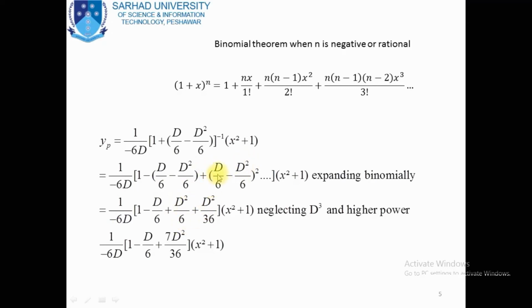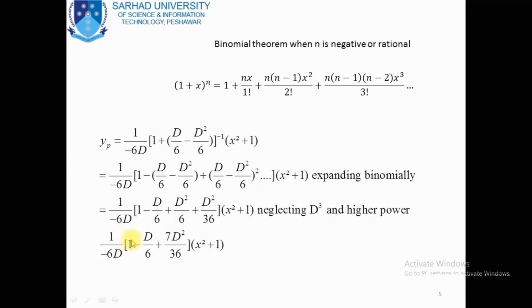This is actually a square plus b square minus 2ab. A square means D square by 36, and b square means D power 4, but we don't need D power 4. In the ab term we obtain D into D square, D cube, which we also don't need. So we write only the a square term, D square by 36, into this polynomial.